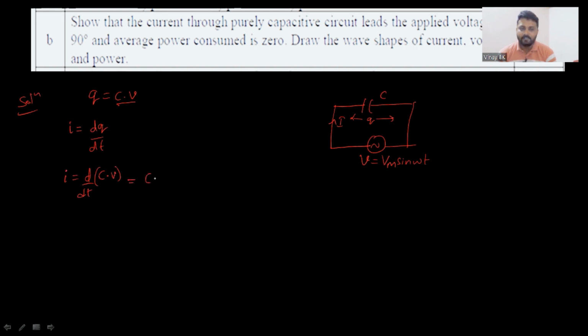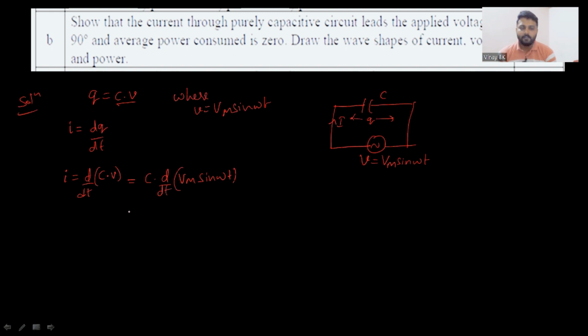So I can read it as C into d by dt of V, where V equals Vm sine omega t, the instantaneous value of voltage.